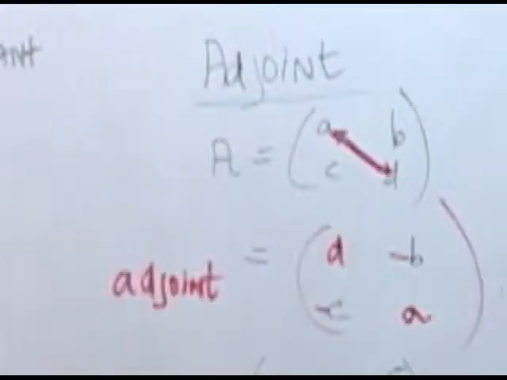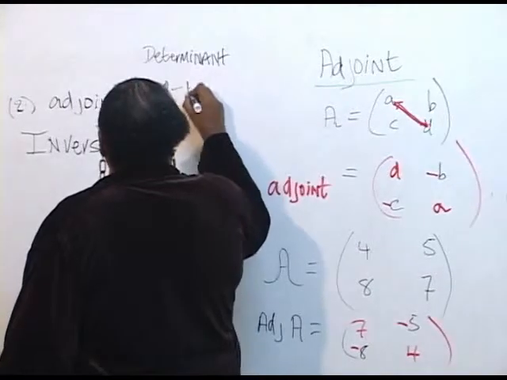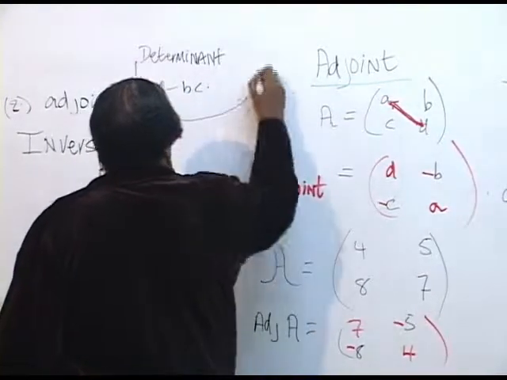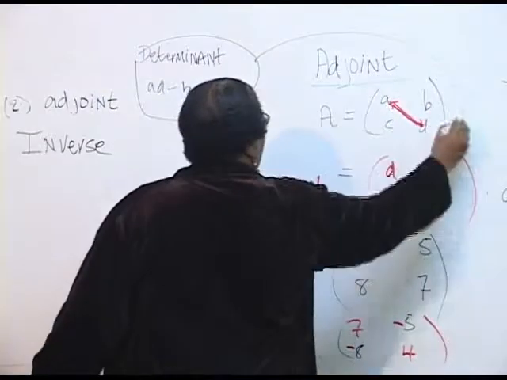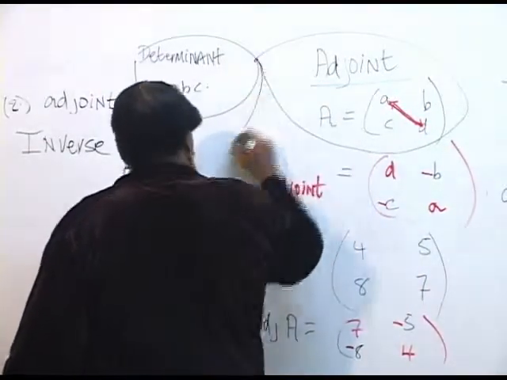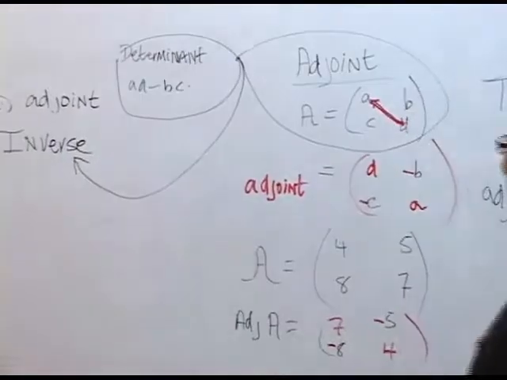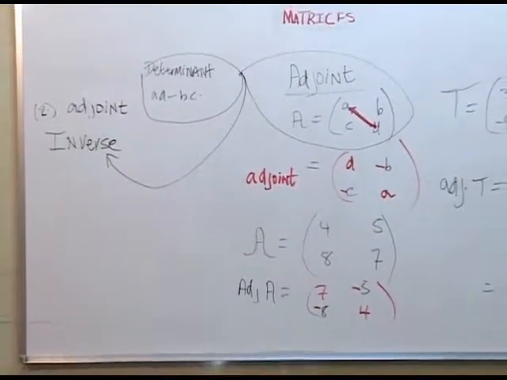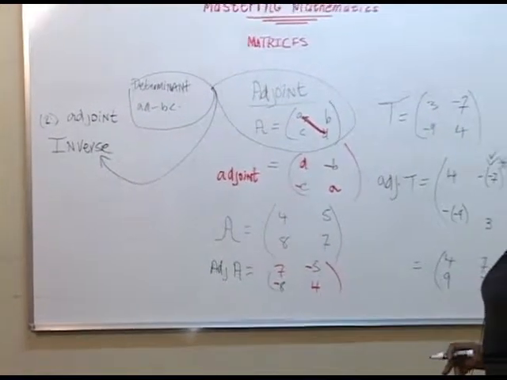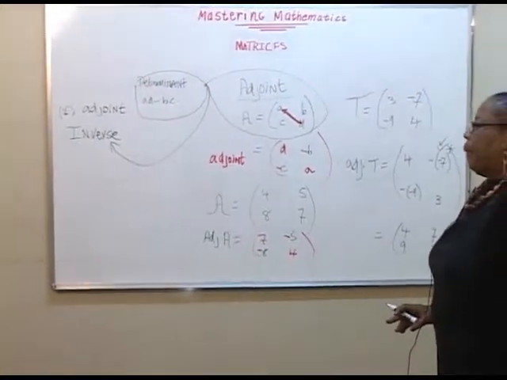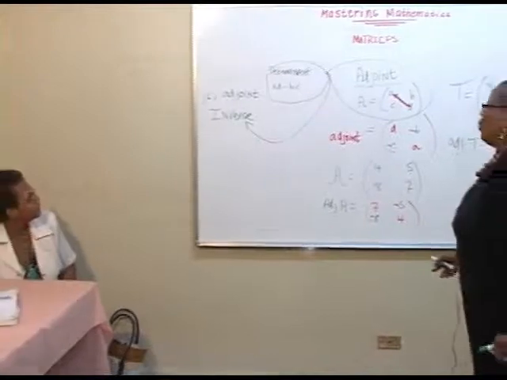Right. So what do we have? Our students know how to find the determinant, so this is AD minus BC, and they also know how to get the adjoint. Now, Elizabeth, because we're getting to the inverse, why did we introduce determinant and adjoint together? Because we want to get to the inverse.